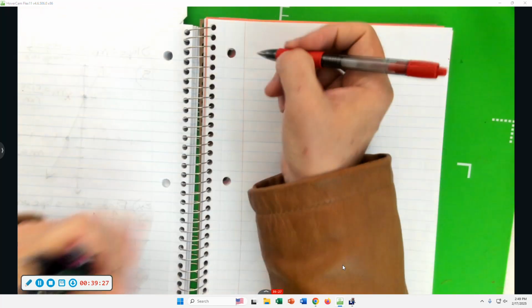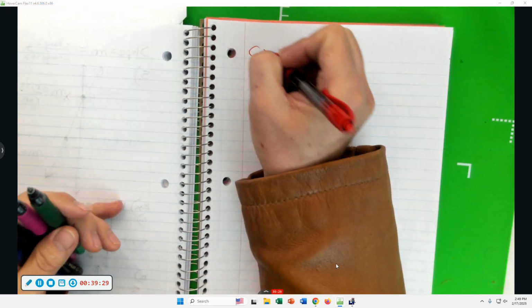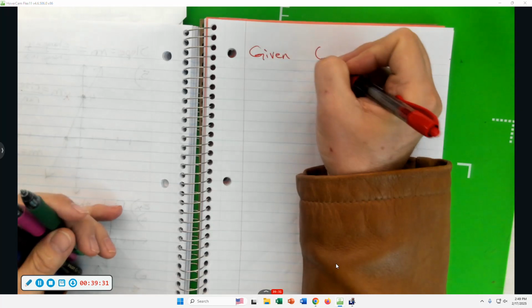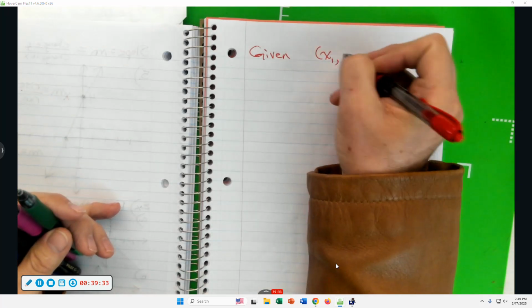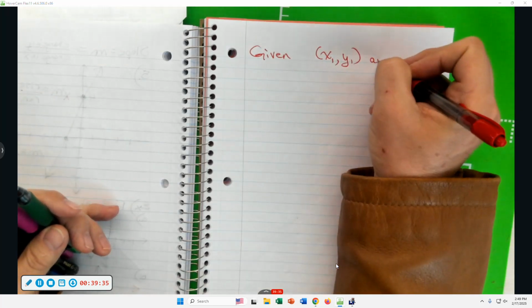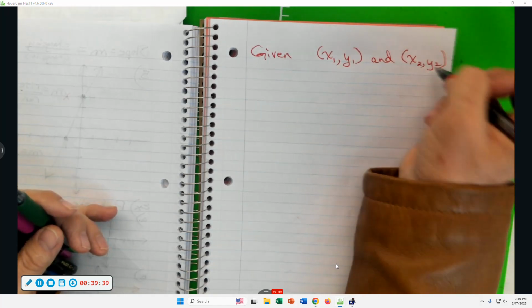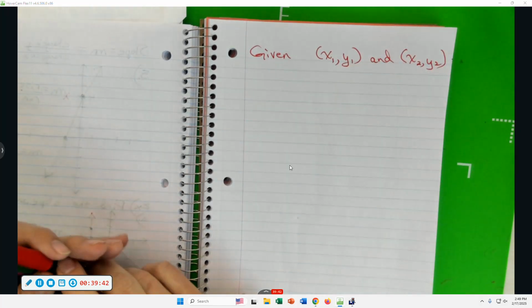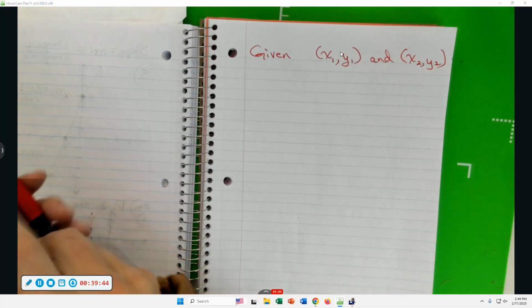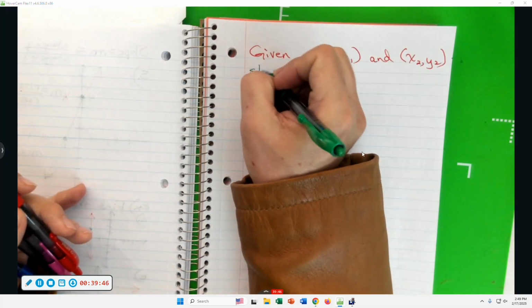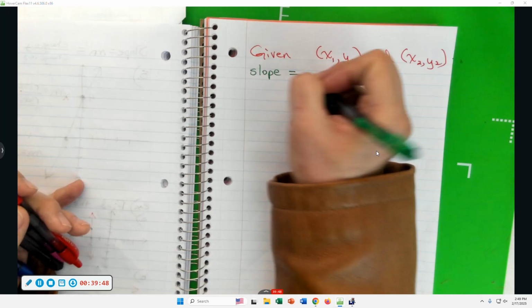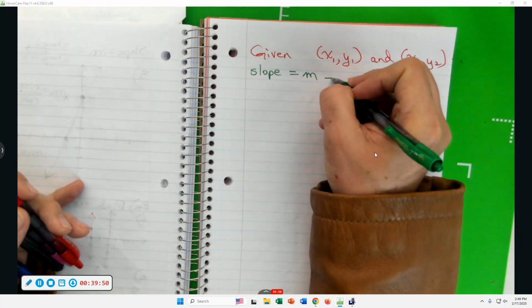Suppose we don't want to plot those points every time we're trying to find the slope of a line. Given 2 ordered pairs, and I'll just use x1, y1 and x2, y2, like the last time, we were using these points with the distance and midpoint formulas. The slope of the line equals, and this is a formula now, a fraction.